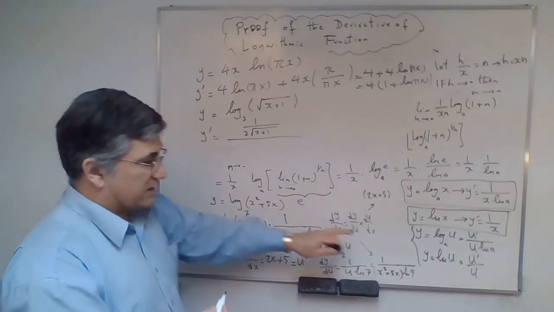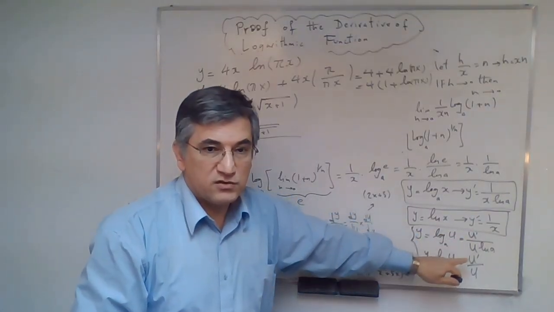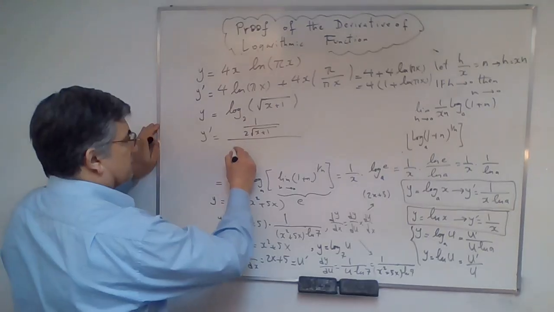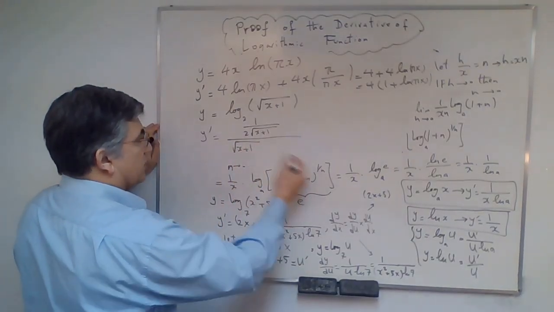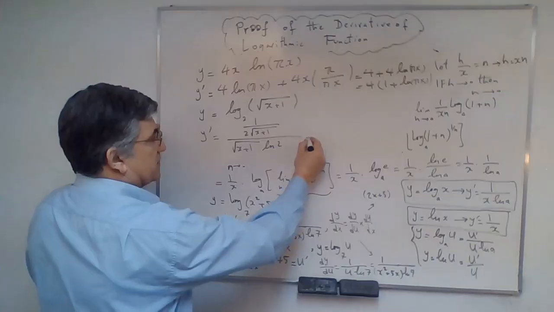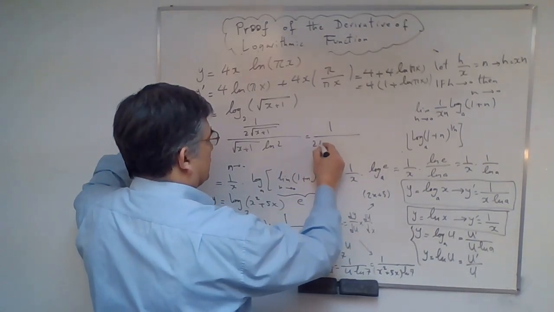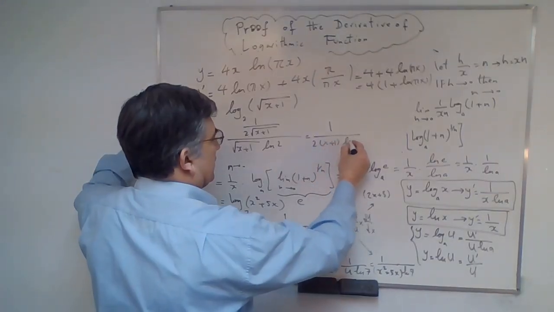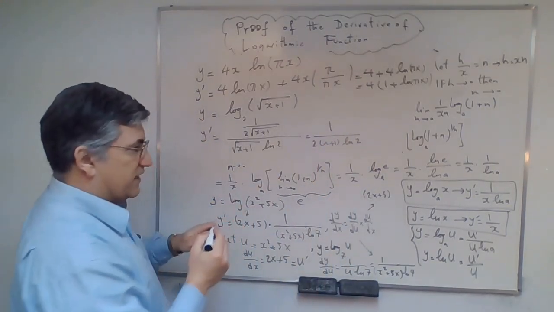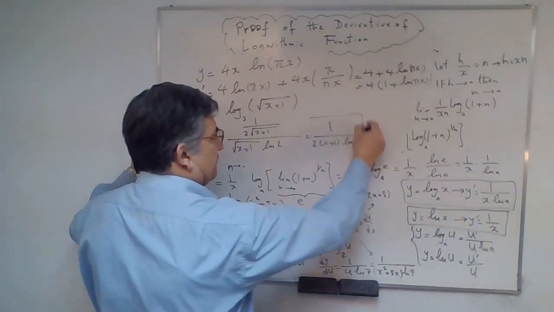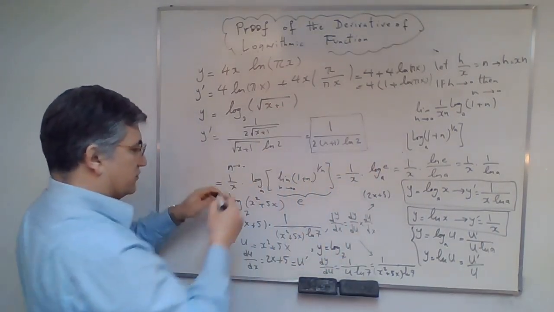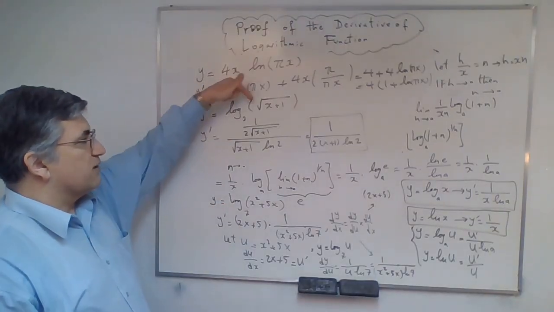Okay, that's u prime in the numerator, divided by u ln of a. The radical is u, and ln of a would be ln of 2 in this case. Now, simplifying it a little bit, we get 1 over 2 times x plus 1 times ln of 2, final answer. So this is the final answer to the derivative of log of square root of x plus 1 to the base 2.